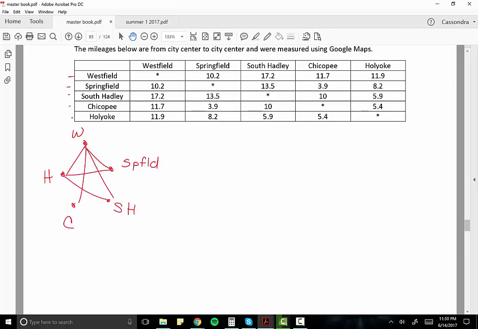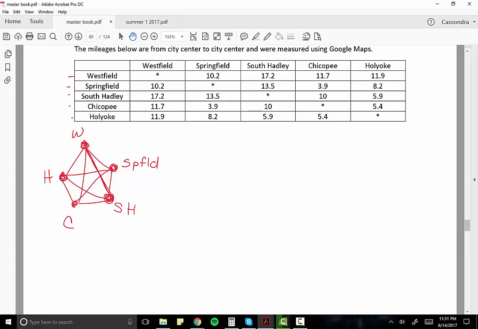And all of the edges are representing all possible ways to get from one city to another. Okay? And these numbers are representing miles.